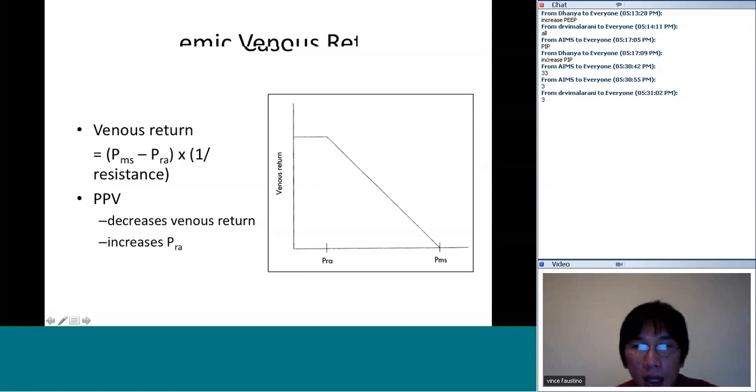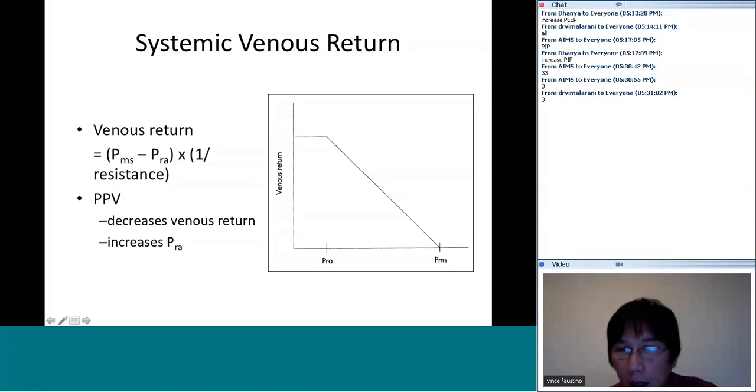Okay, I'm not sure if you can see this line going down to the x-axis, but this graph shows your intracardiac pressure, the right-sided heart pressure, and then venous return on your y-axis.